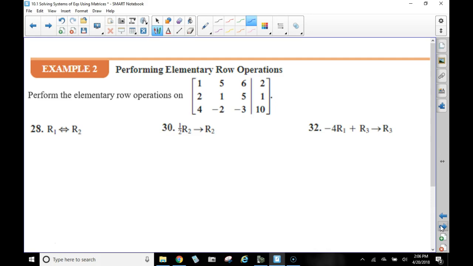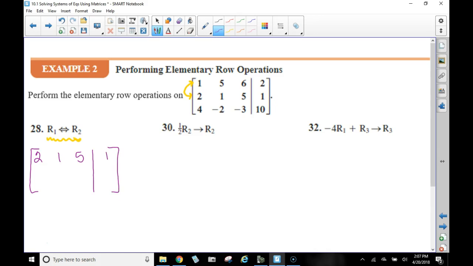1, 5, 6 augmented with 2, 2, 1, 5, 1, 4, negative 2, negative 3, 10. Now, this row 1, and then the little double arrow here, row 2, means interchange row 1 and row 2. When we interchange row 1 and row 2, that's going to give us a new matrix that's going to look like 2, 1, 5, augmented with 1.